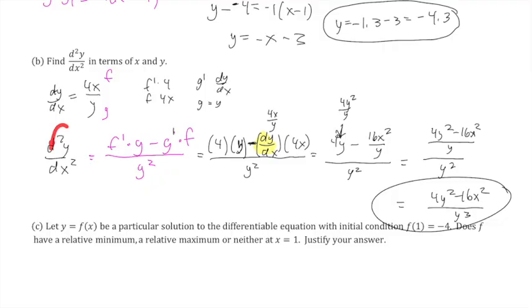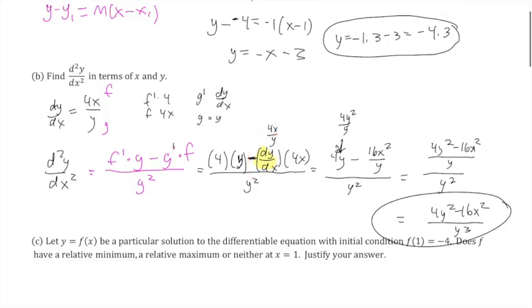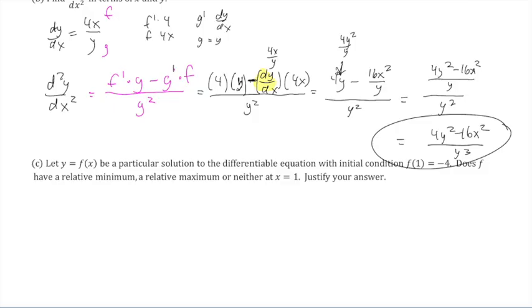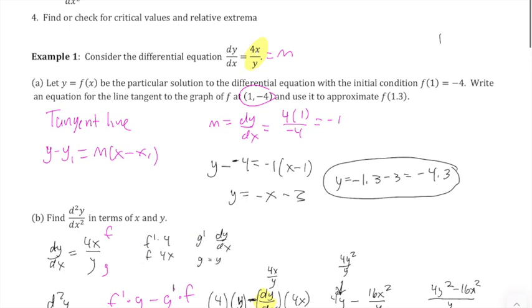So we had to do a quotient rule, then resubstitute our first derivative back in, and then simplify. Okay, so this is asking about relative extrema. Remember, the critical value is where the derivative is 0. We need to see what happens when we plug in 1, negative 4 into our derivative.